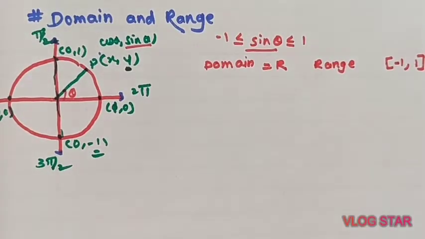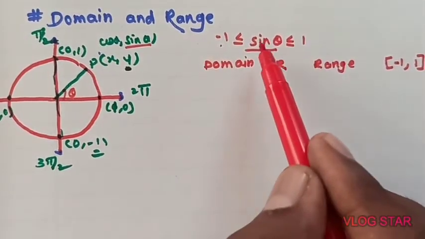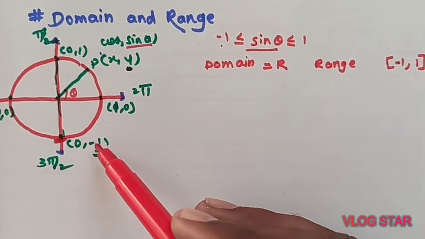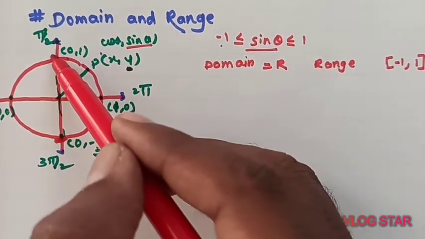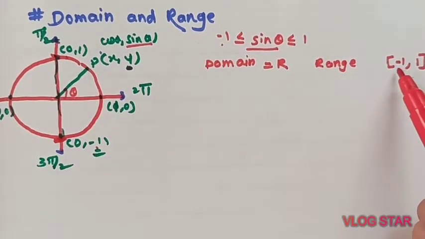Why does it lie between -1 and 1? Because we can observe here the minimum value is -1 and the maximum value is 1, so it will not go outside the range -1 to 1.